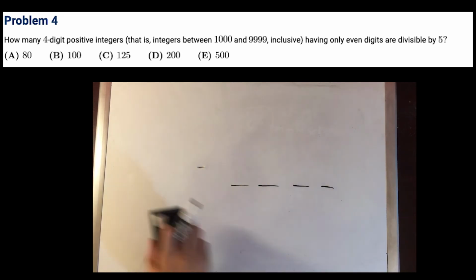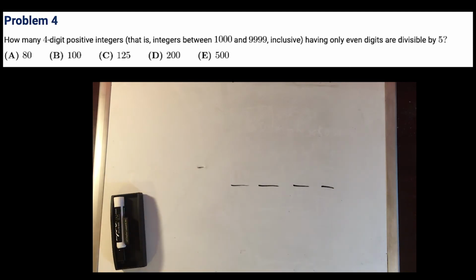So let's figure out what constraints we're dealing with. The integers have to have only even digits, and they have to be divisible by 5. So why don't we work with the divisible by 5 portion first? A 4-digit number is going to have 4 digits, and if a number is divisible by 5, it has to end in 5 or 0.